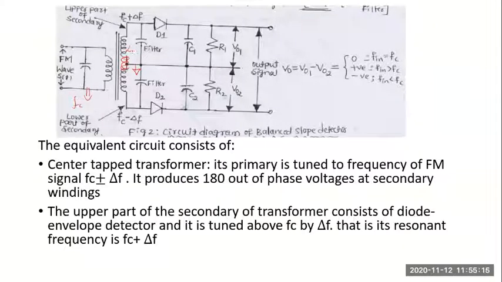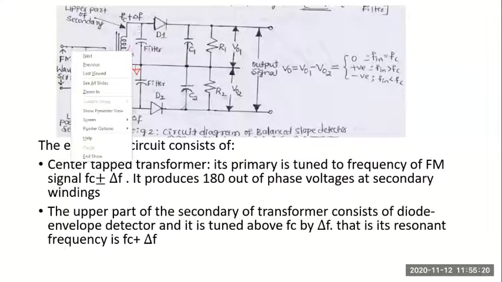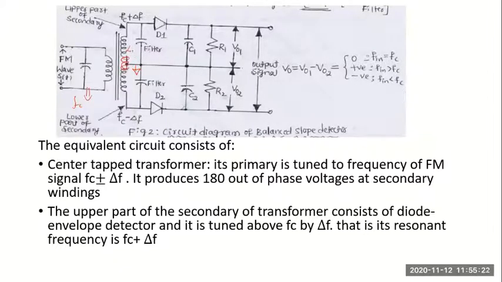Let me consider this as, say, L2, and there is a capacitor here. This is C3, and the lower half has inductance of value L3, and the capacitor value is C4.